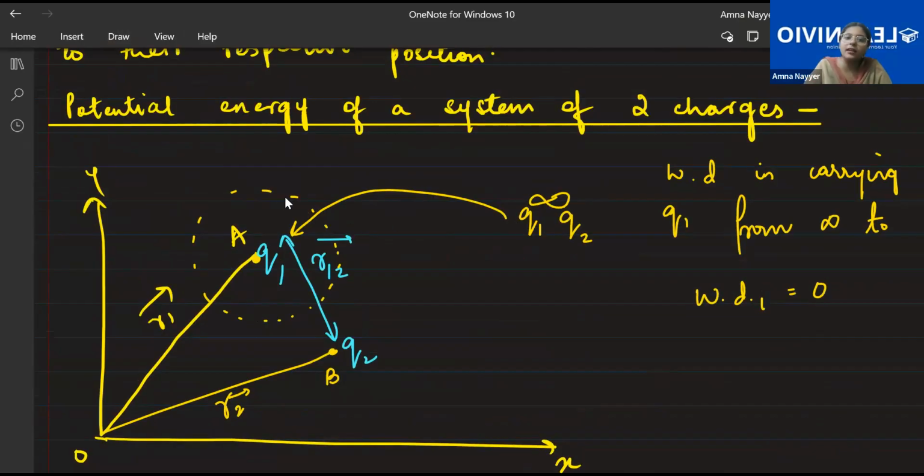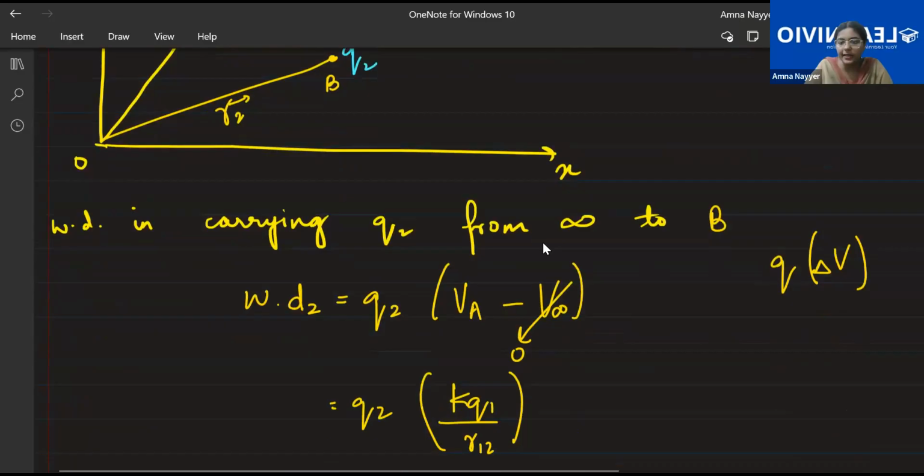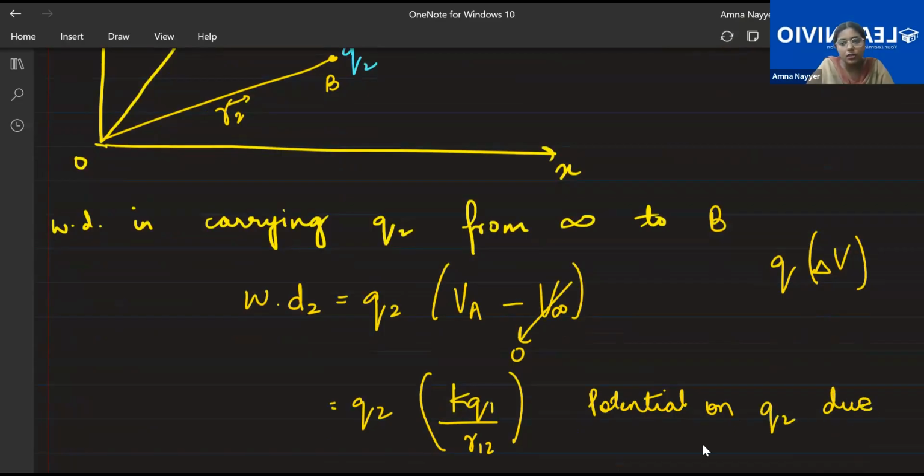Yes, ma'am. So you are calculating K Q1 by R for this. We are seeing the potential due to Q1 on Q2. I'll write it here: potential on Q2 due to Q1. Okay, now clear, Ubaidullah?